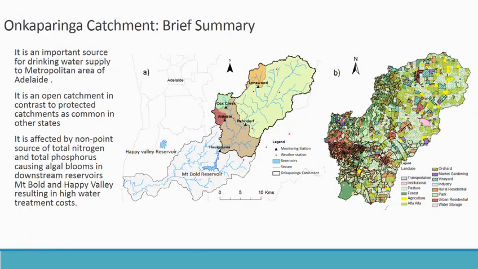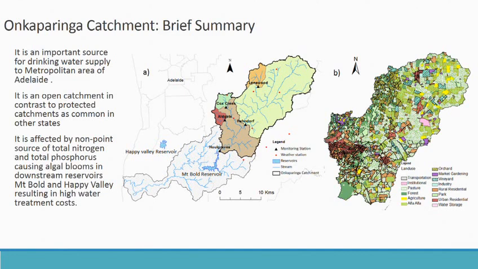We know that the Onkaparinga catchment is a very important source of drinking water supply to the metropolitan area of Adelaide, and this catchment is not protected. It's an open catchment, so it is open for private and public use. So there is a lot of human activities such as horticulture, pasture, agriculture, and all of those things.